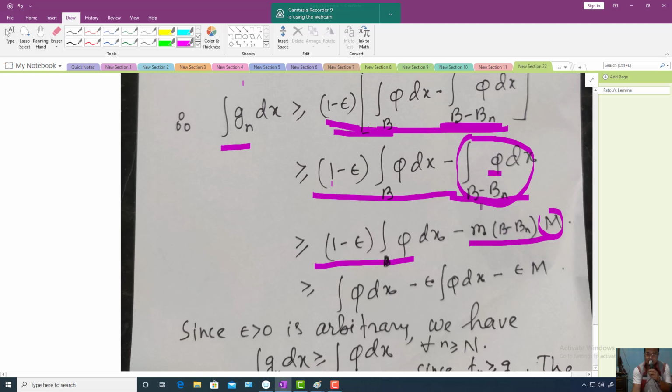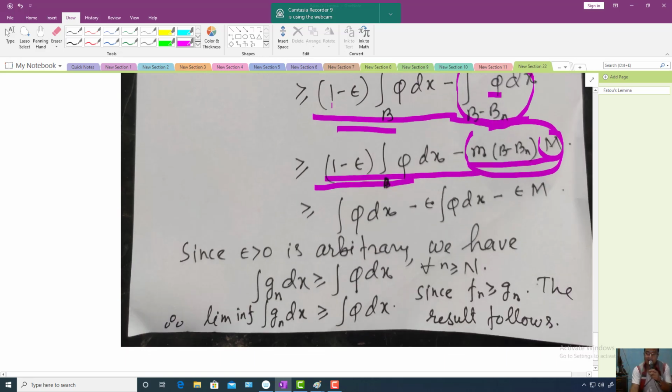Since m is bigger than phi, you are subtracting the bigger number. That means this whole quantity is less than this one. Again this is going to be greater than this, and after this one you get this one. You get epsilon m.